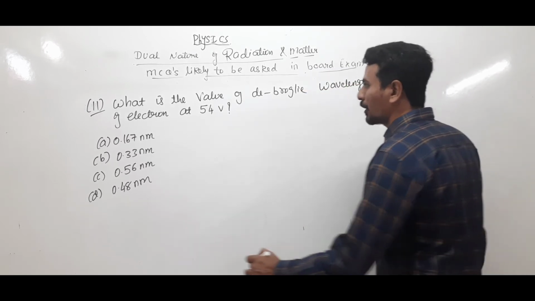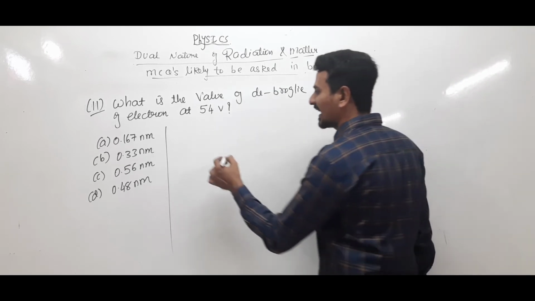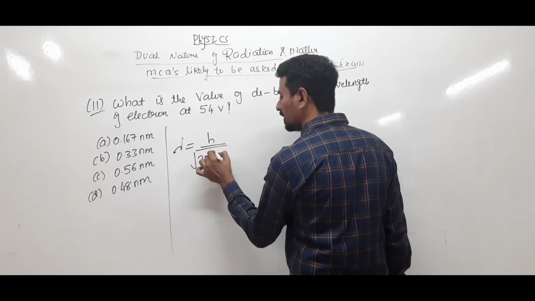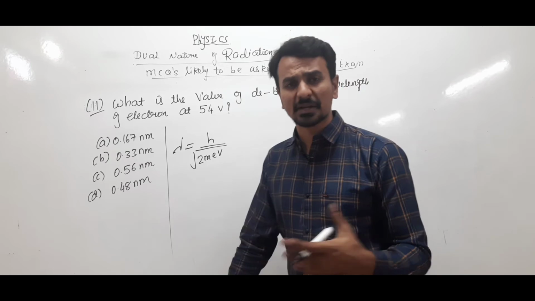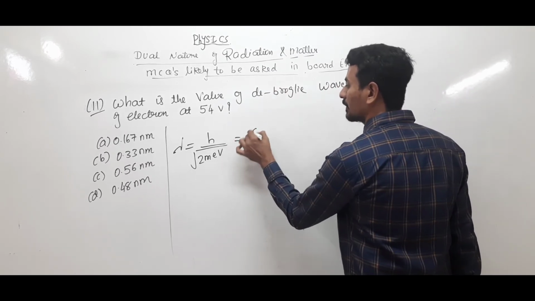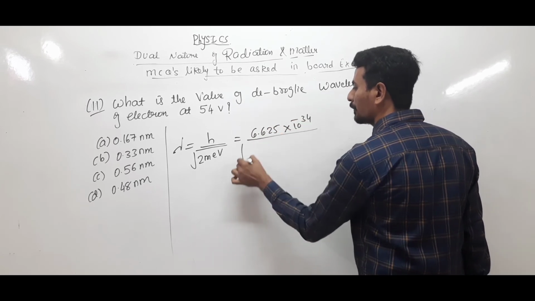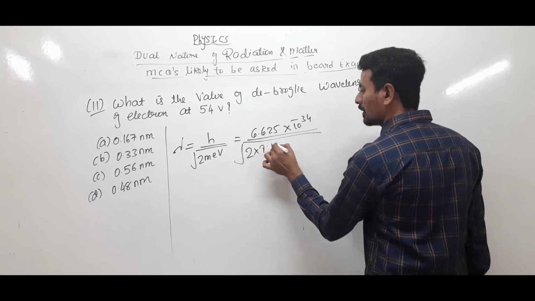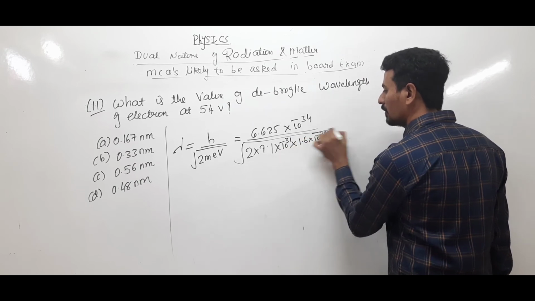The next one. 11th one. What is the value of the de Broglie wavelength of an electron at 54 volt? You can directly use this formula, h upon root of 2meV. Compare the kinetic energy and potential energy, that is p square by 2m is equal to eV, which we did in the previous MCQs. So 6.625 into 10 raised to minus 34 upon root of 2 times mass of electron, charge of electron into voltage.